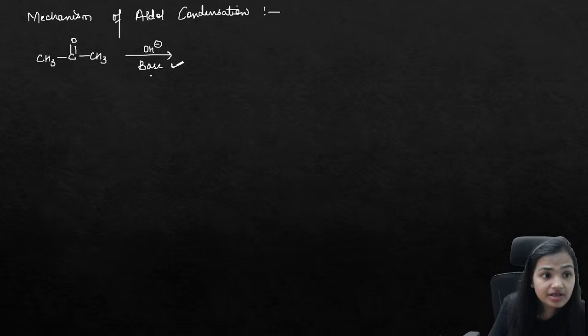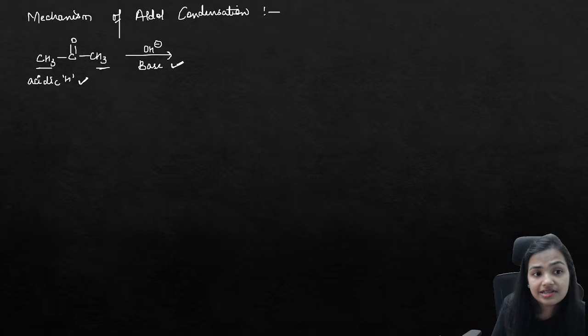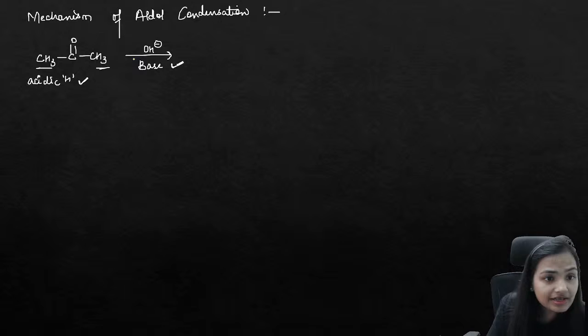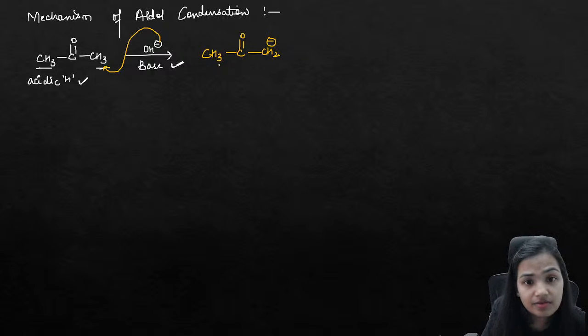If it is a base, and we have the acidic hydrogens, yes, we do have the acidic hydrogens, then definitely it will be acting as a base. So acting as a base, this will abstract the acidic hydrogen and ultimately result in the formation of C double bond O CH2 negative, and there will be a loss of water.